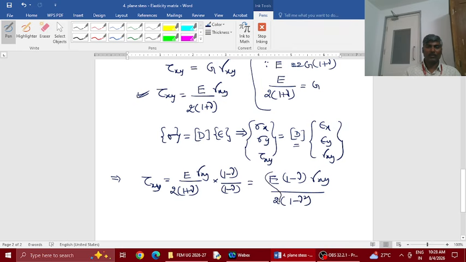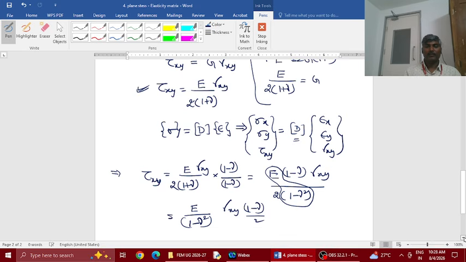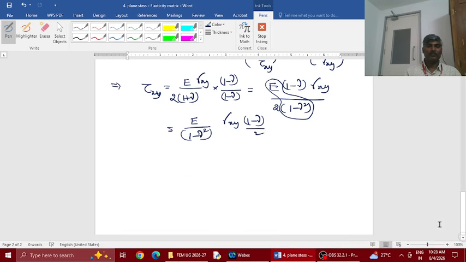This is our common term, E by 1 minus nu square, and what remains is gamma xy into 1 minus nu by 2. So this is the tau xy equation ready for the common term to be taken out.